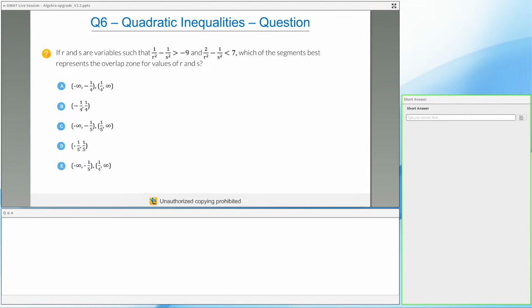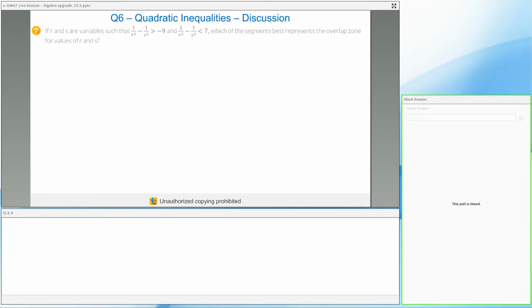Now let me discuss this and then let me know if you still think it's difficult. So I have 2 variables, R and S, and I've been given 2 inequalities, which look very scary.